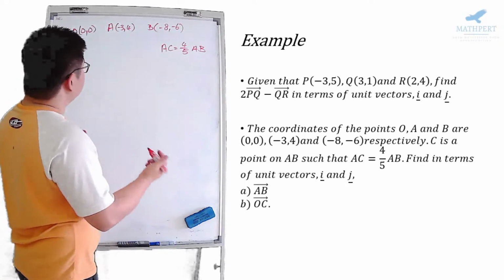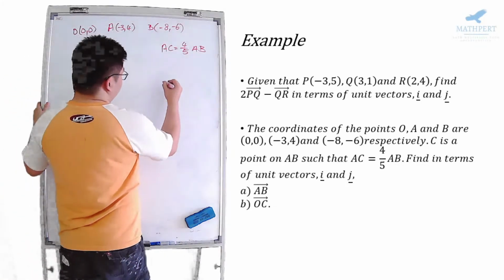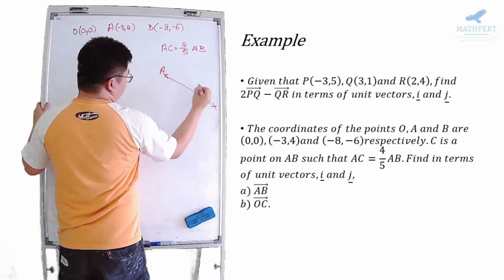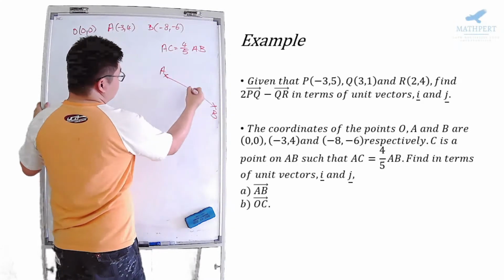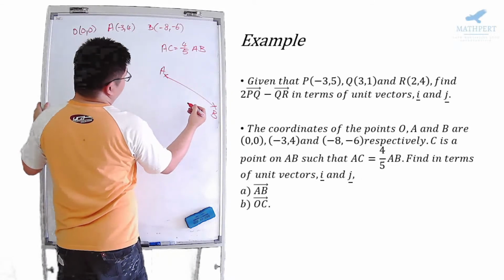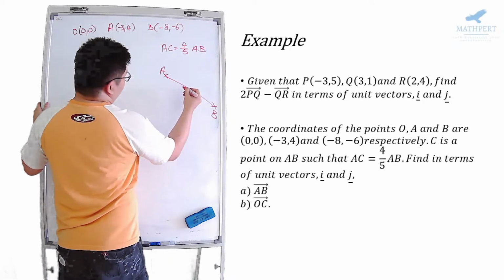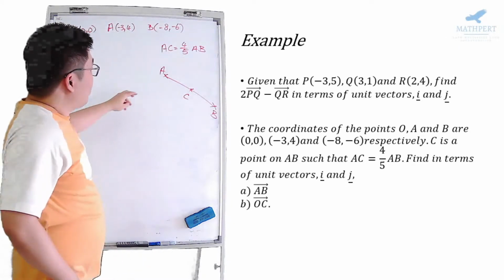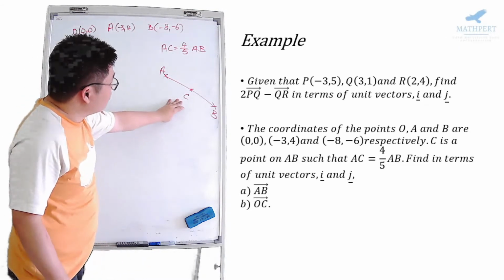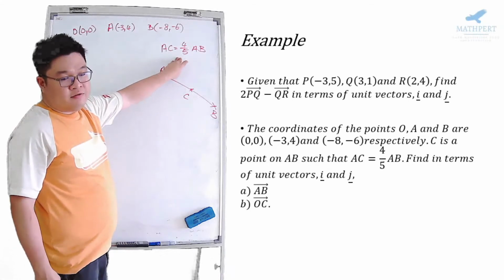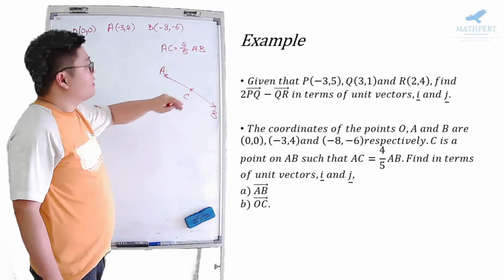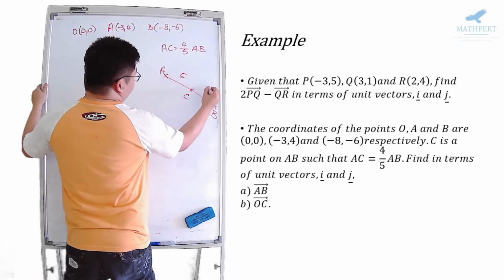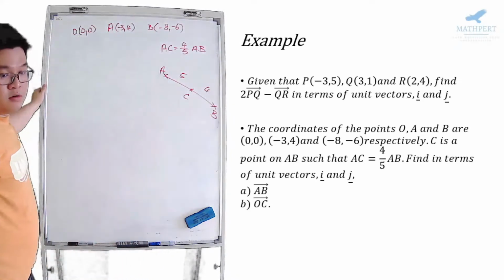Okay, so let's draw this out. Let's say AB, and C is a point somewhere here. AC is equal to 4 over 5 AB. That means 5, 4 by ratio.